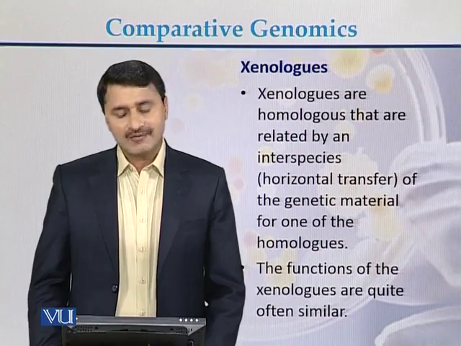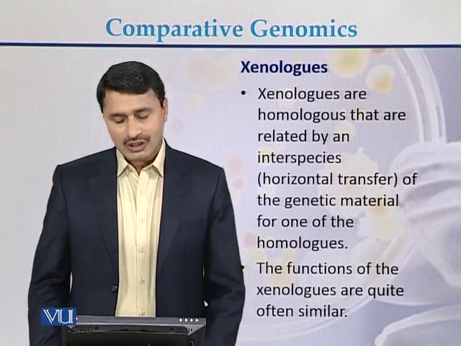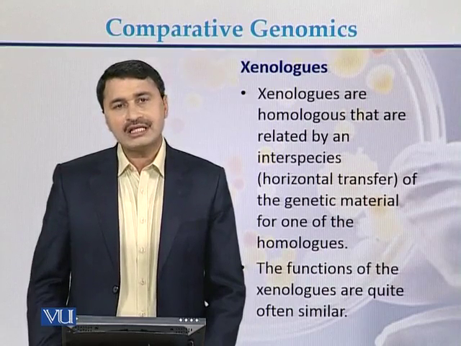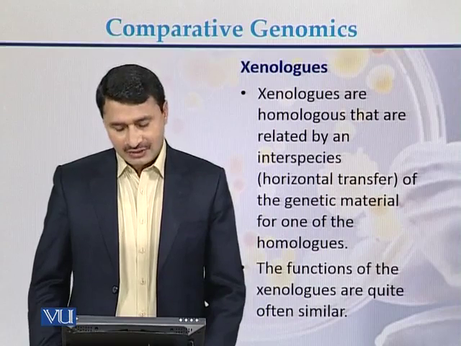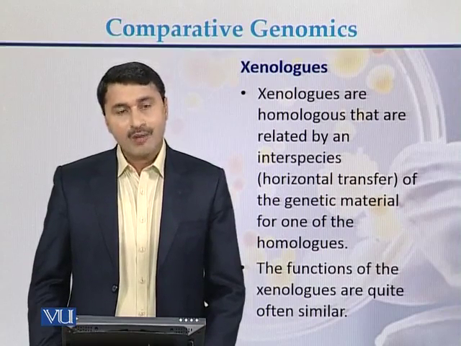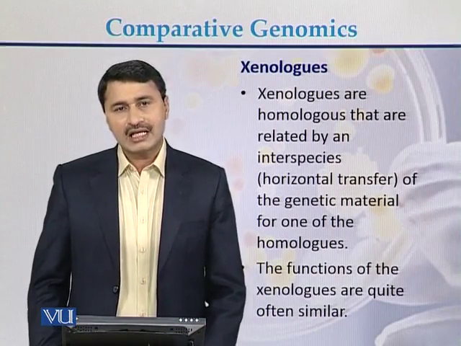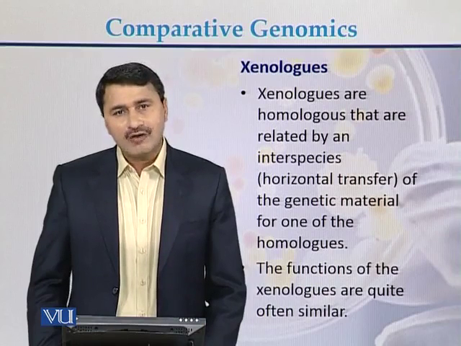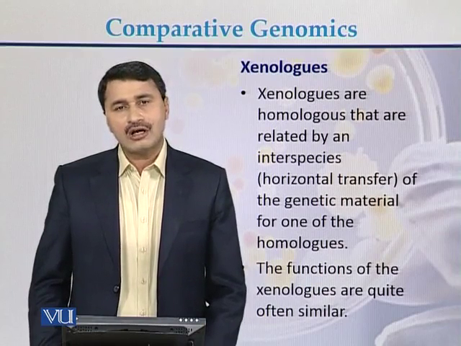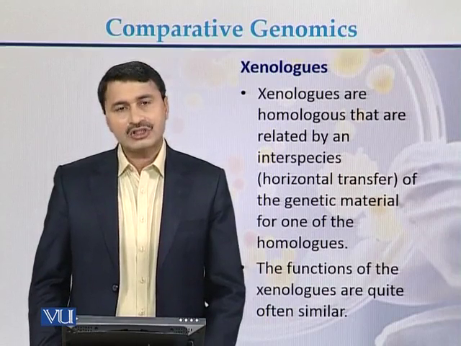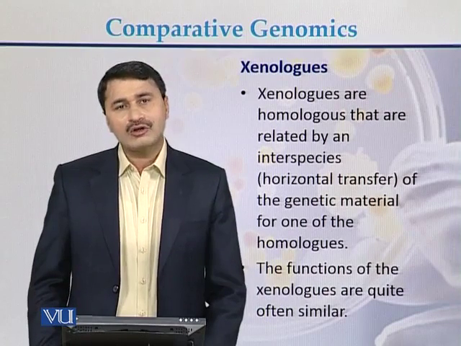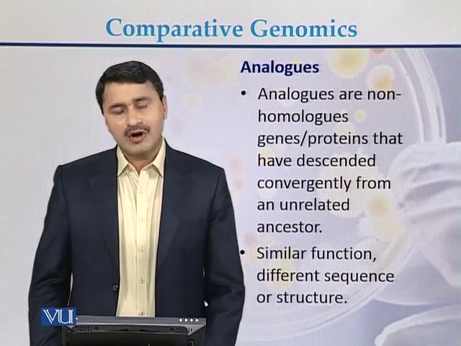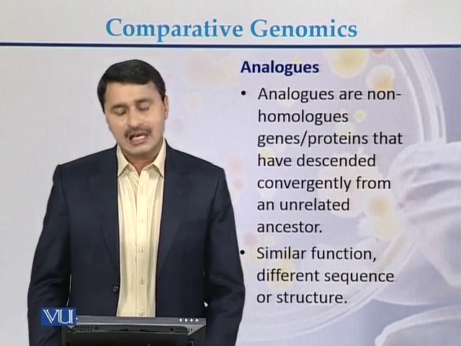Genealogues are homologues that are related by interspecies, meaning there is horizontal transfer of genetic material from one of the homologues. The function of genealogues is quite often similar to each other. The fourth type of homologues is analogues.